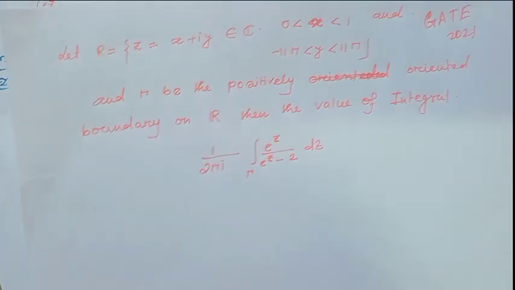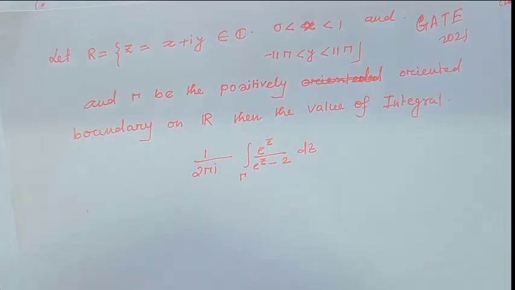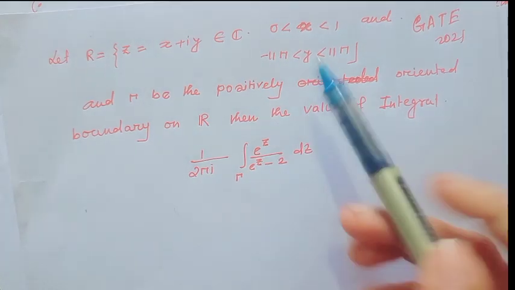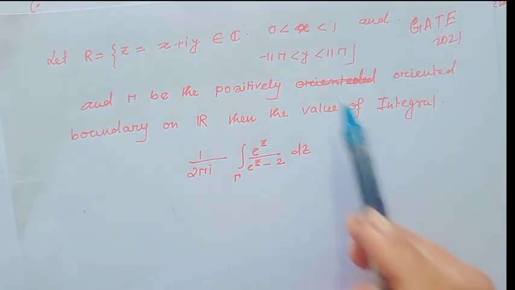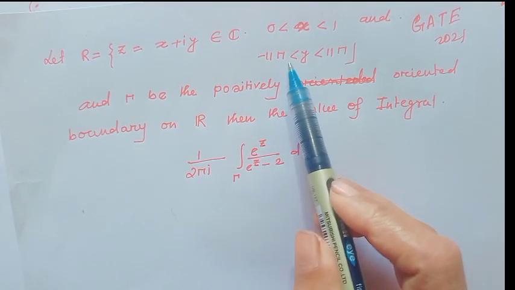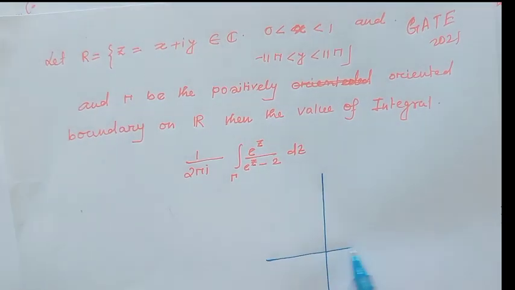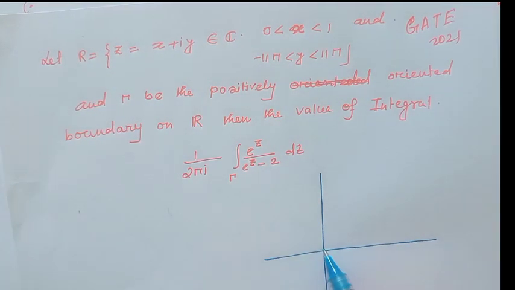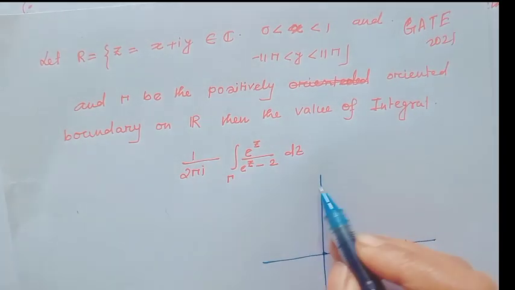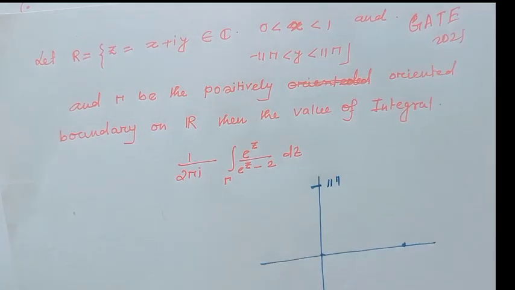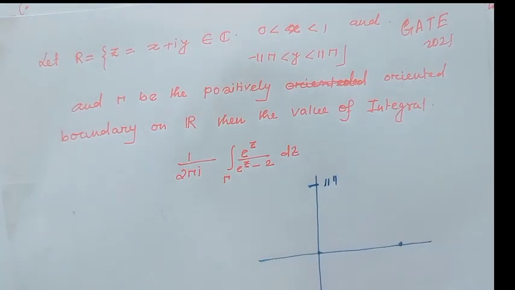Next example: let R be the set of z equal to x plus iy, where x lies from 0 to 1 and y lies from minus 11 pi to 11 pi. The region would be such type. Here x lies from 0 to 1, and here 11 pi and here minus 11 pi.